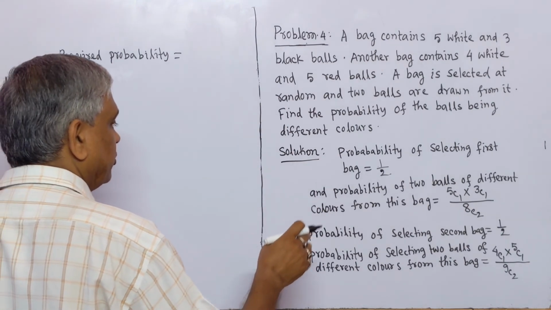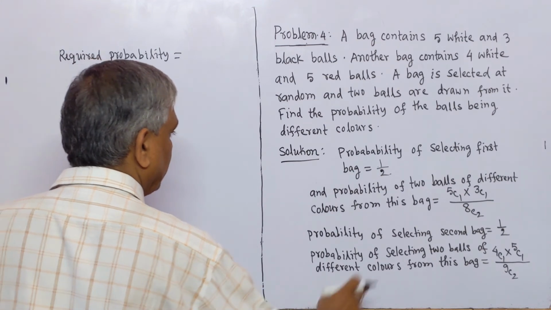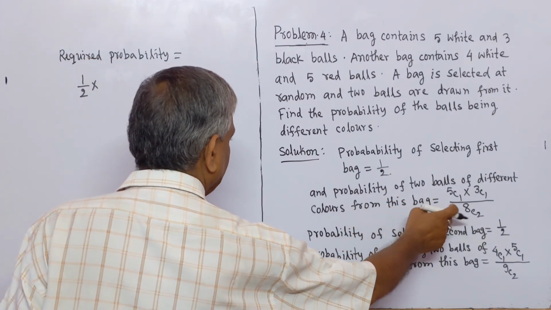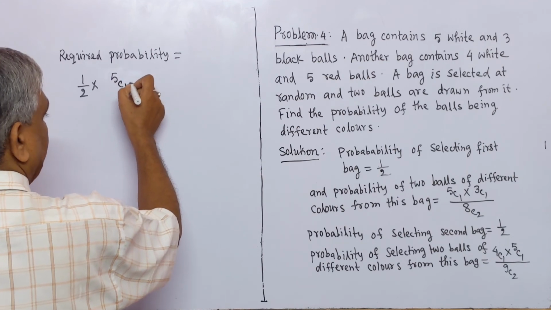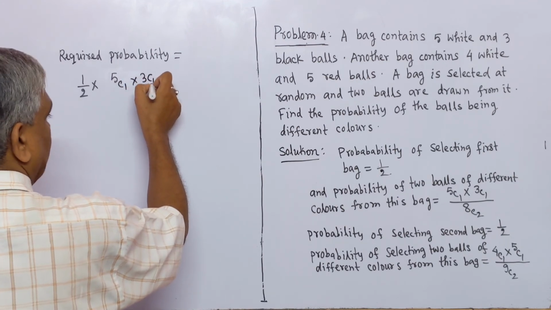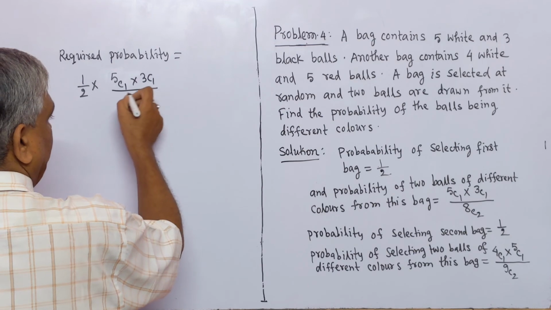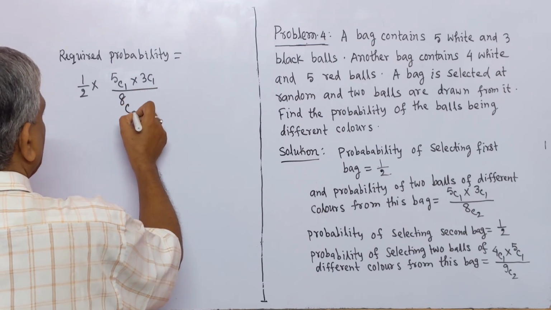will select two balls of different color from the first bag, and probability of this is 5C1 multiply 3C1 by 8C2.